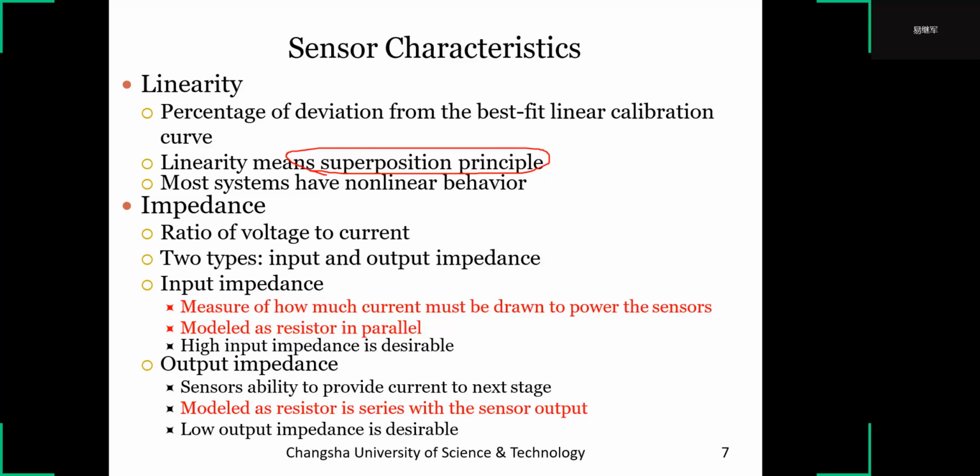Most systems have linear behavior, while some have non-linear behavior.